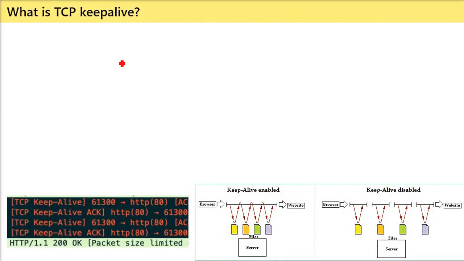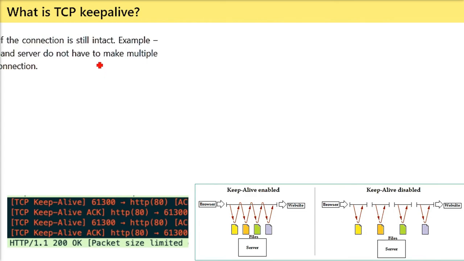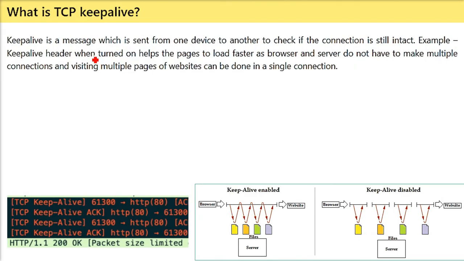What is keep alive? Keep alive is a message sent from one device to check the connection health, whether the connection is still there or not. For example, when the keep alive header is turned on, it helps pages load faster, as the browser and server do not have to make multiple connections; visiting multiple pages of a website can be done in a single connection.